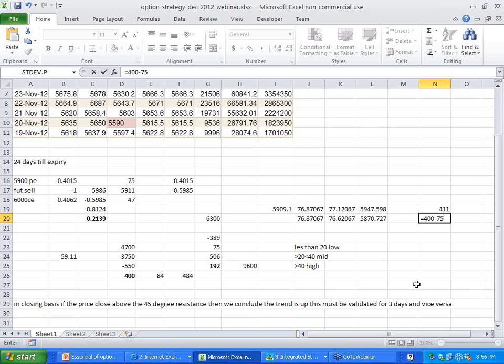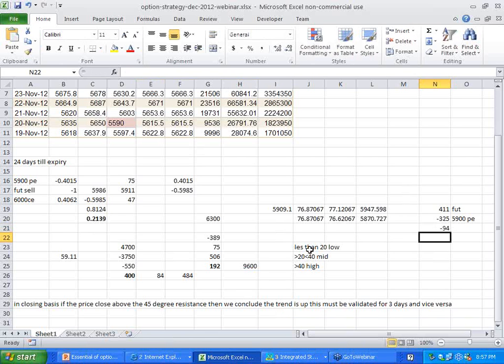So 75 you received, so you can say 75 minus 400, so this much, 325 rupees, you will lose in the 5,900 put option, and this is again in the future, and the two lots of this thing, whatever you have taken, 47 into 2, this will also be a losing component.